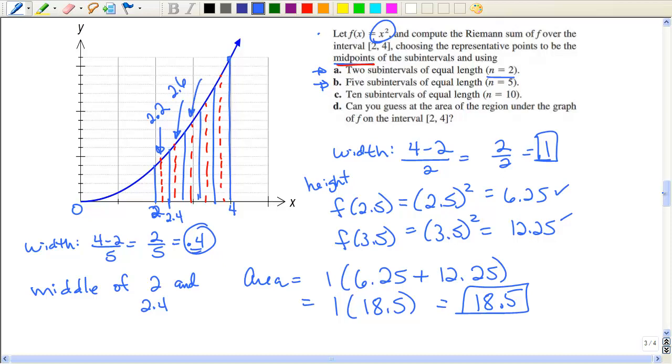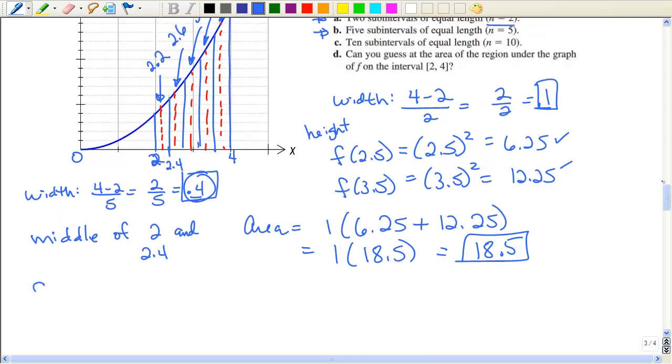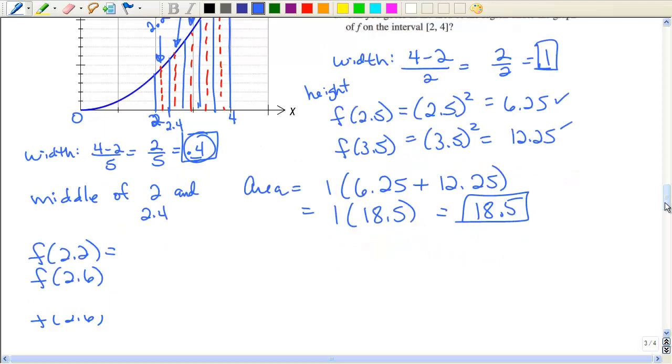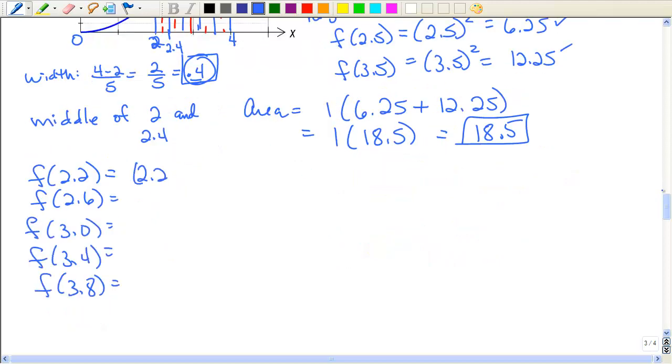I've added 0.4. The next one would be 3.0. The next one would be 3.4, and the next one would be 3.8. So those are the heights you want to compute, and again your width would be 0.4. So I'm going to do f of 2.2, 2.6, and so forth. Remember, my function is that value squared.